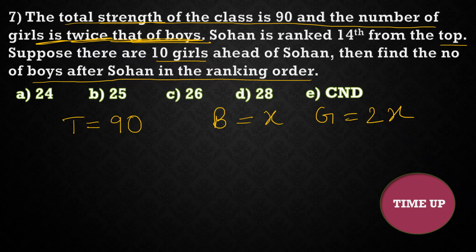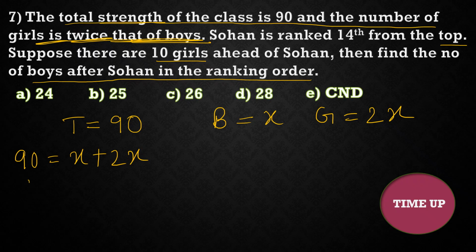Next. From this we can frame an equation, that is 90, the total, will be boys plus girls. So from this we can find out the value of X. Let me write it here. 90 equals X plus 2X.